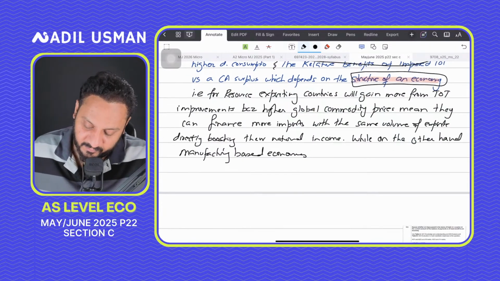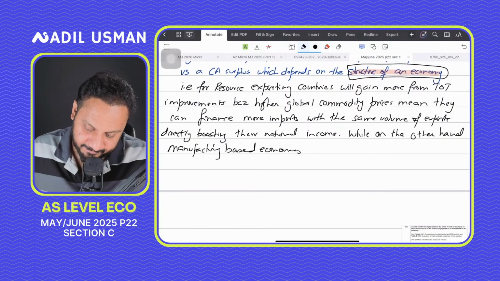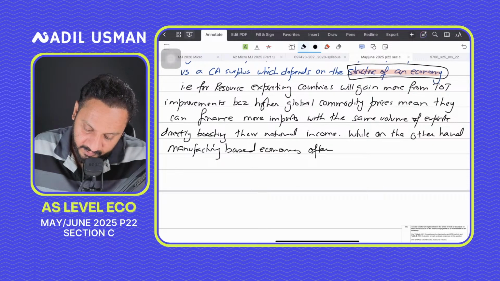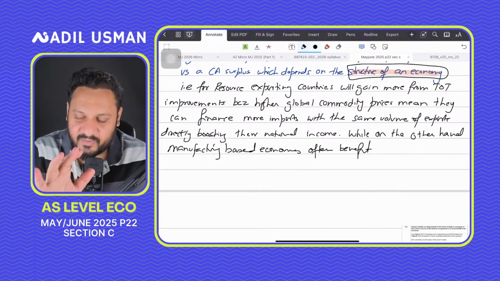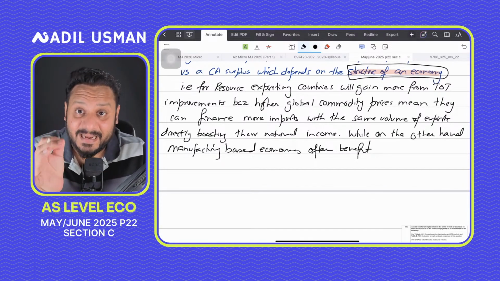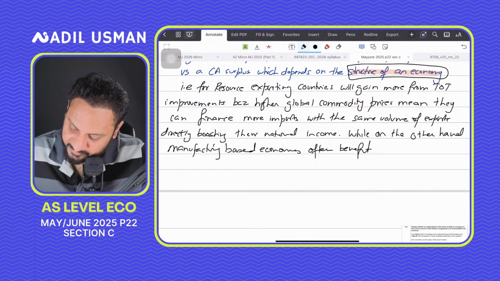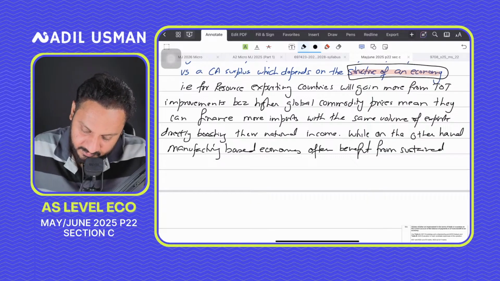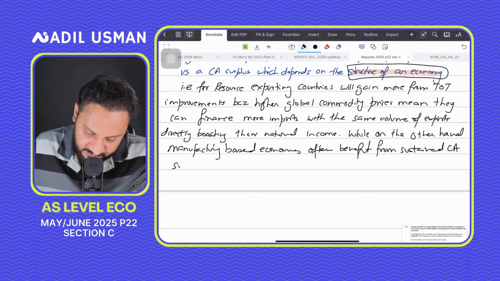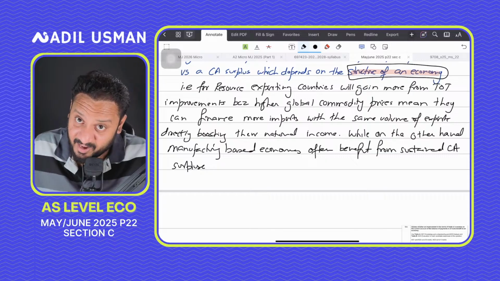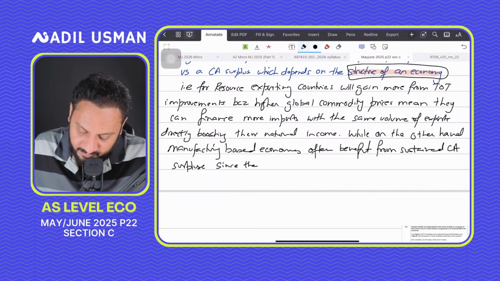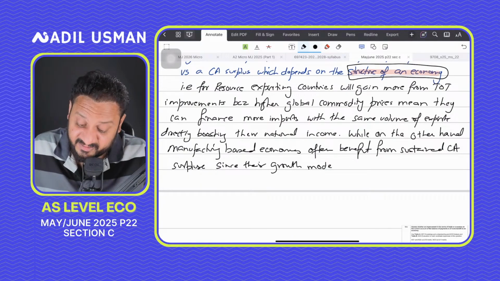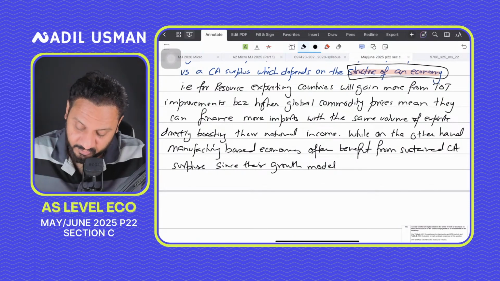China often benefits from sustained current account surpluses. Why? Since their economic growth model, which country's growth model are you talking about? We're talking about the manufacturing based economies' growth model.